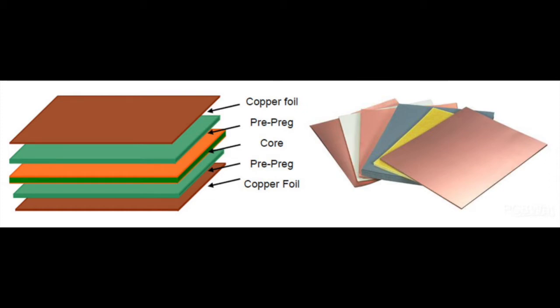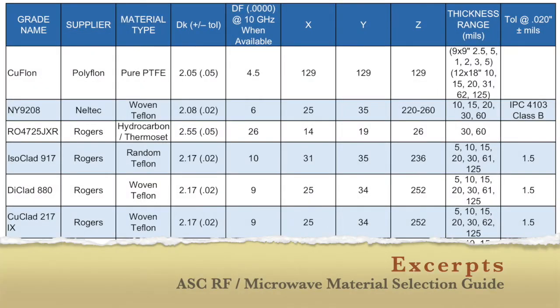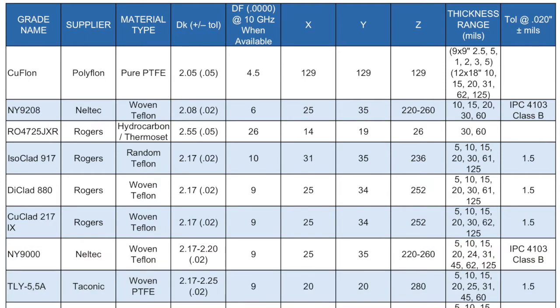So a general rule of thumb is that the higher the frequency, the lower the loss requirement of that particular material, or the lower the dissipation factor required. Which is why when we start talking about some of the higher frequency 77 gigahertz applications, dissipation factor can be 10 times lower than it would be for a standard FR4 type material.